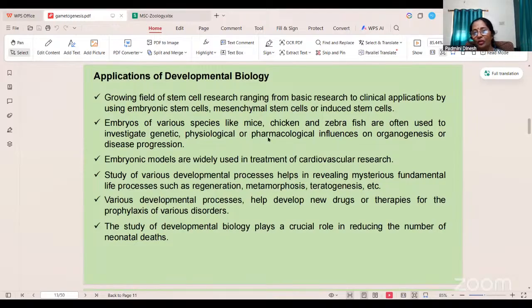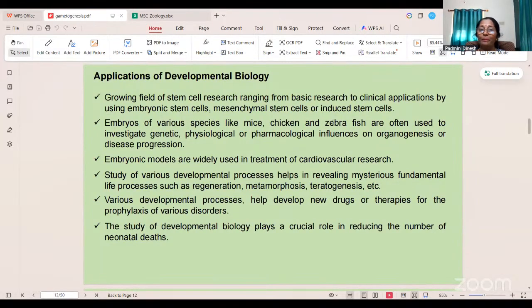Stem cells are not the stems of a plant, but the stem cells that you have within us, the adult stem cells, the gastrulation, the blastula cells. All these cells are totipotent, some are pluripotent, some are oligopotent. Now, these have a specific signal to grow into an organ that you want. So that is called stem cell research.